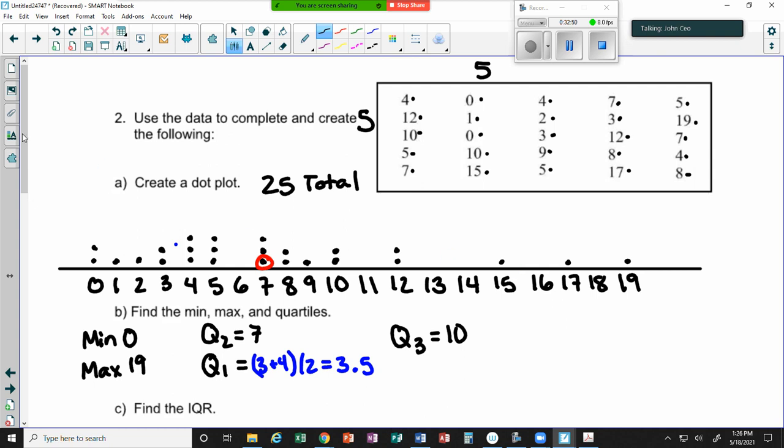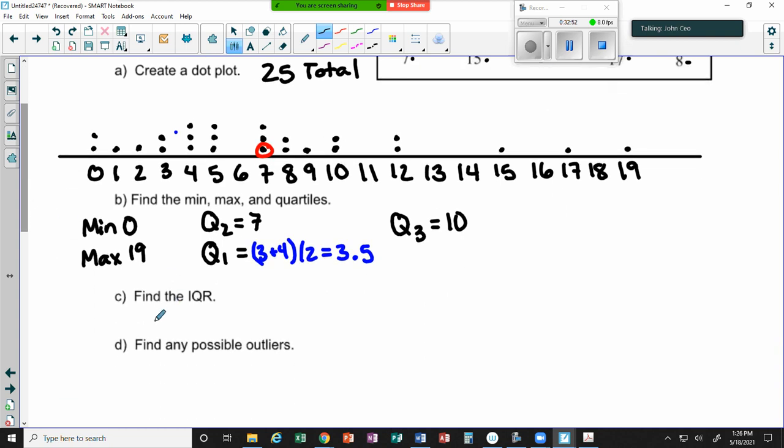Alright, so find the IQR. How do I find the IQR? Q3 minus Q1, so it's going to be 10 minus 3.5, so that's 6.5.